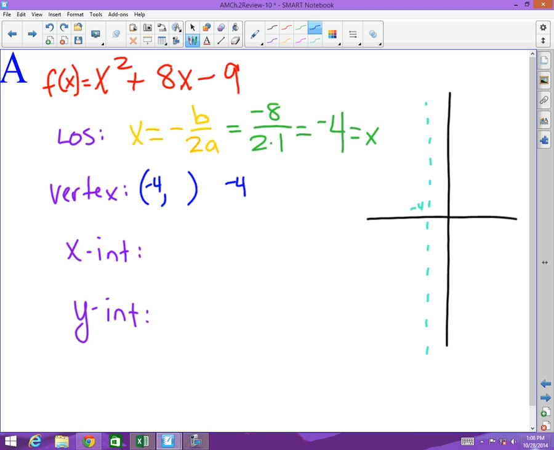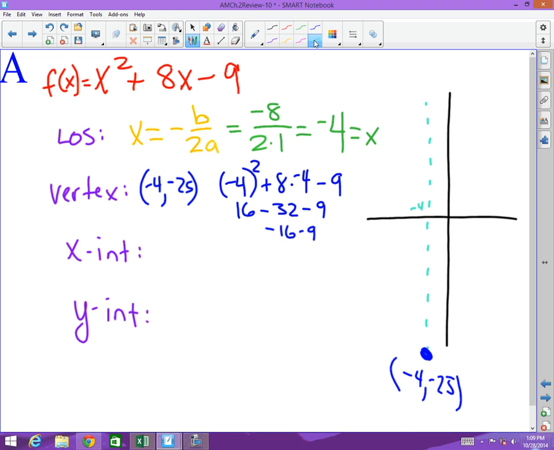So you'd have negative 4 squared plus 8 times negative 4 minus 9. And that's 16 minus 32 minus 9. And so 16 minus 32 is negative 16, minus 9 is negative 25. And so down here is where the vertex is, negative 4, negative 25.